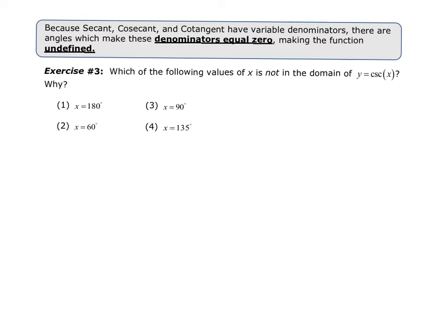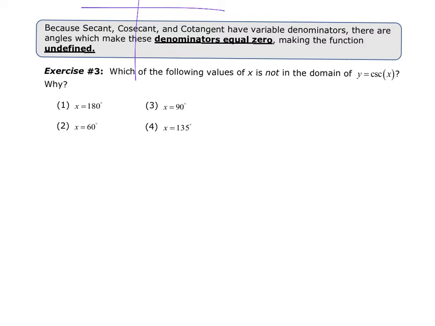Now, the cosecant is the reciprocal function for the sine of x. Okay? So what we're going to do is find the sine of x for each choice and then flip it upside down, okay?